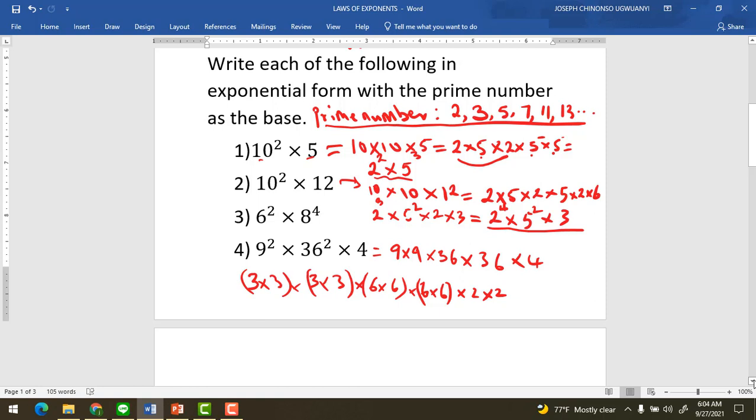We have 6. 2 times 3, 2 times 3. So we have 2, 3, 2, 3. Okay? So we can go down to 2, 3, 2, 3. So we have 2, 2, 3, 3 for each of the brackets.